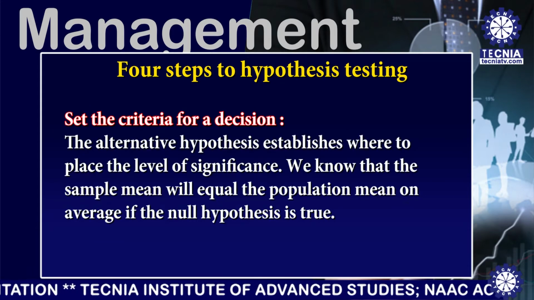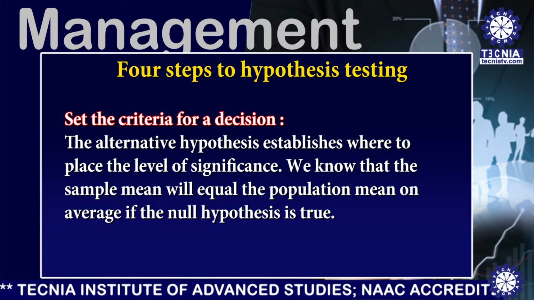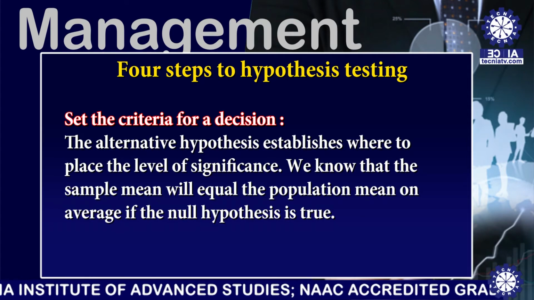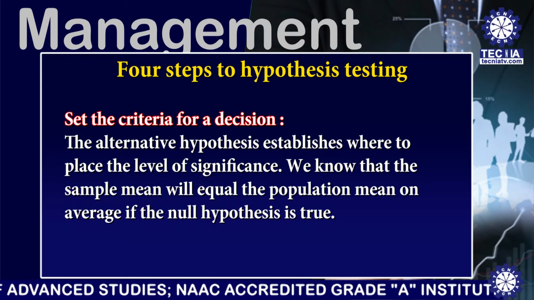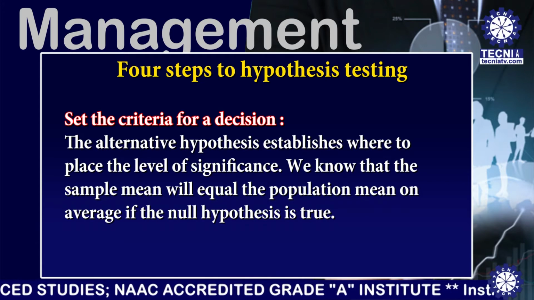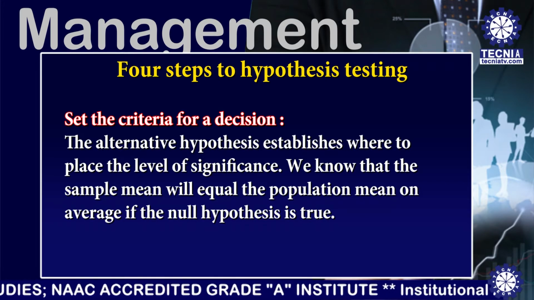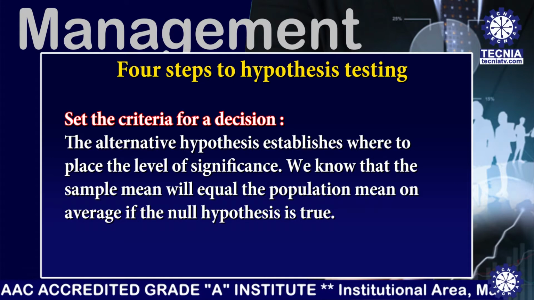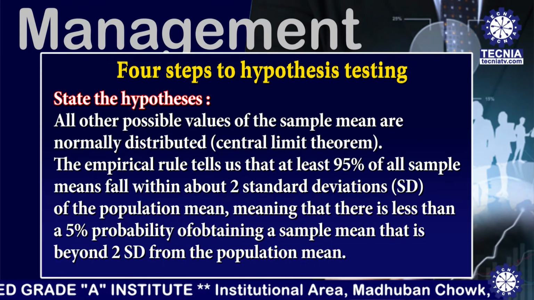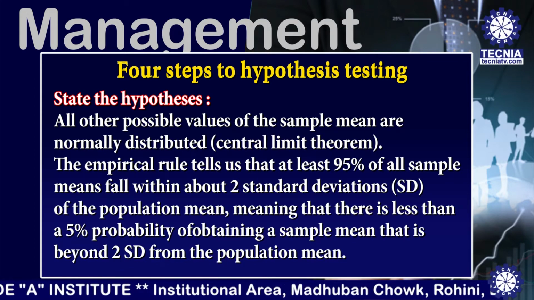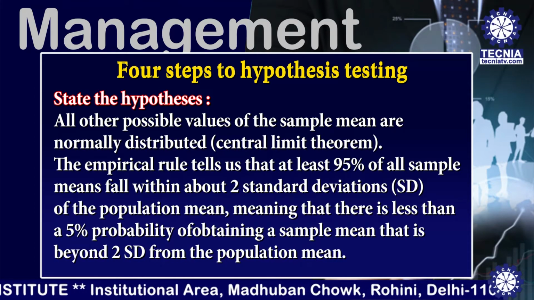The alternative hypothesis establishes where to place the level of significance. We know that the sample mean will equal the population mean on average if the null hypothesis is true. All other possible values of the sample mean are normally distributed as per the central limit theorem.